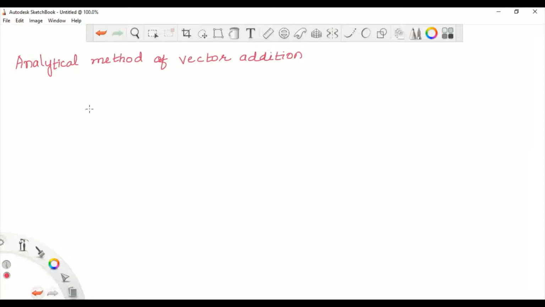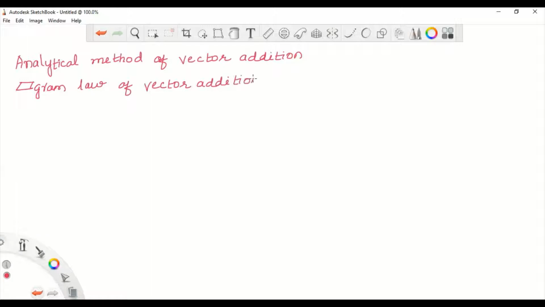So today we are going to discuss the analytical treatment of the parallelogram law of vector addition.